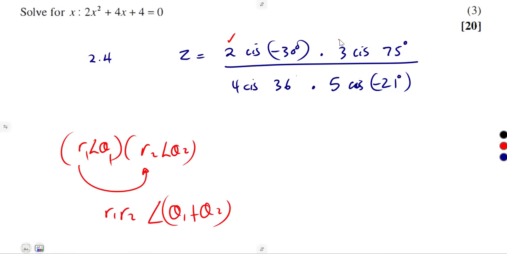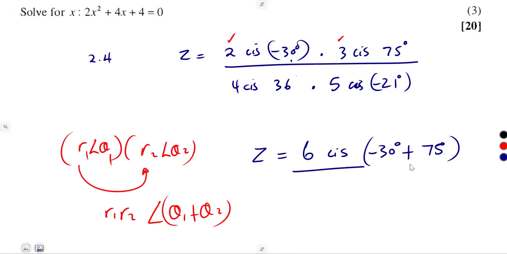The 2 and the 3 are supposed to be multiplied together. 2 times 3 is 6, and the angles, you add minus 30 plus 75. The same with our denominator, because it's under a product. 5 times 4 is 20. Then for the angle, we add again 36 plus minus 21.